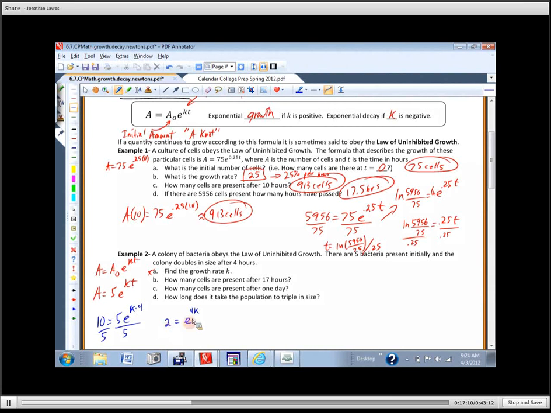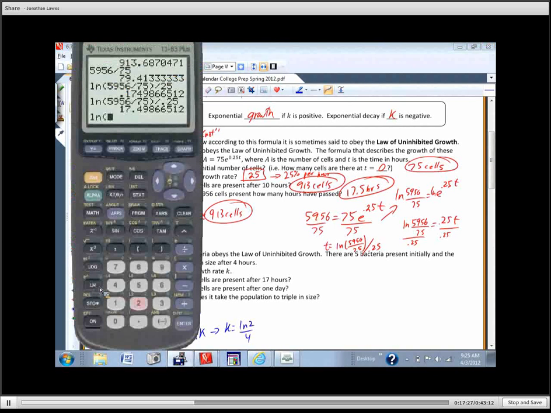We're going to finish solving this by taking the ln of both sides. So this is going to be the ln of 2 equals 4k. So that means k is going to be equal to the ln of 2 divided by 4. So let's grab our calculator and let's figure this out. ln of 2, close the parentheses there, and we're going to divide that by 4.